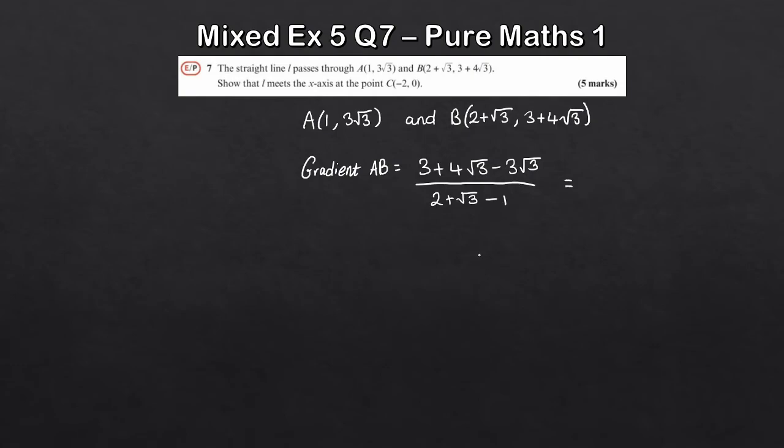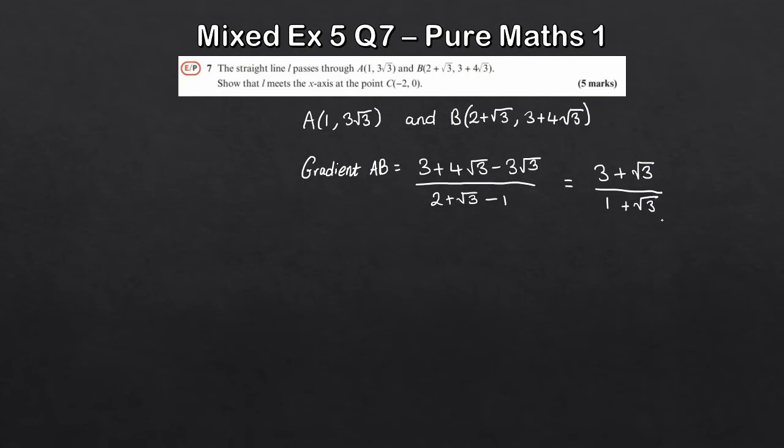Okay, so if we simplify here, what would we get? Well, this numerator will just cancel to give me 3 plus the square root of 3, because 4 root 3 minus 3 root 3 just gives us root 3. We divide this by 2 plus root 3 minus 1, so in other words, just 1 plus root 3. So at this stage here, this gradient's kind of worthless, we don't know much about it.